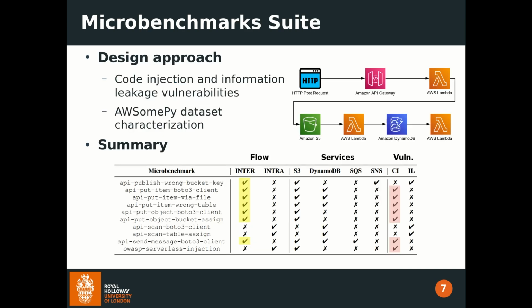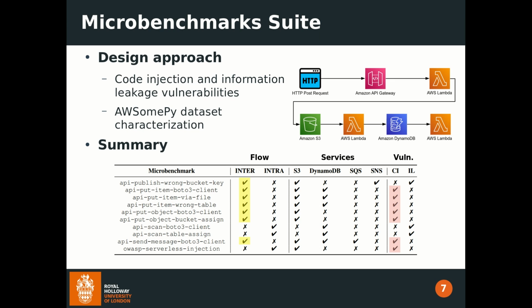Our suite consists of 10 micro-benchmarks which were designed by considering two inputs. The first is a collection of vulnerabilities that lead to code injection and information leakage. The second input is the characterization in terms of cloud services and APIs of the Awesome Pi dataset.